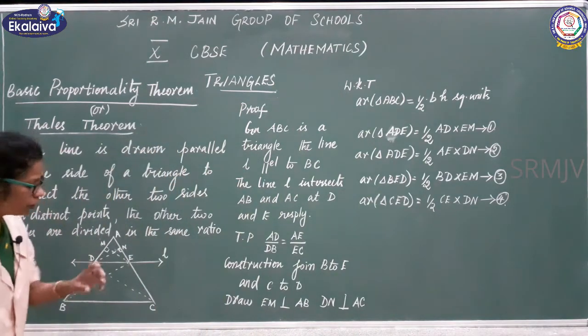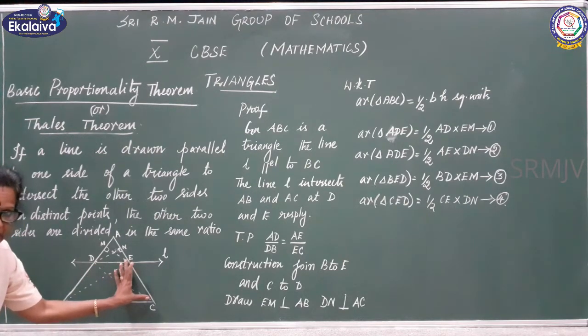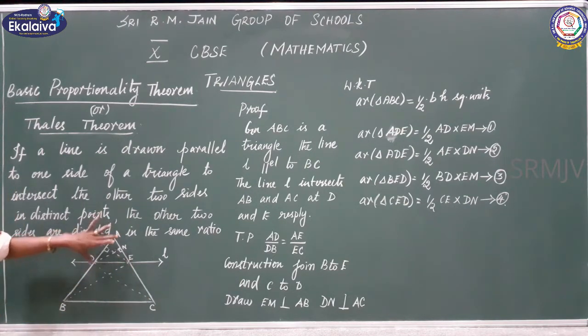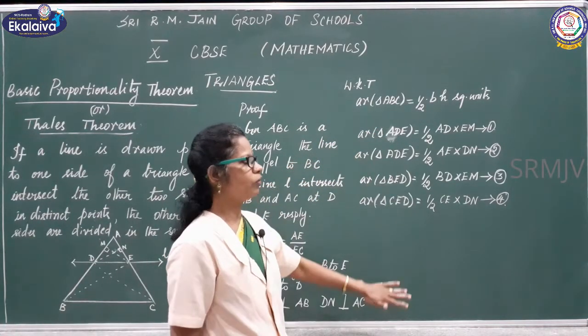Again I am going to repeat, you have to listen carefully. See the triangle CED, the base is EC, the perpendicular height, you are measuring the height out of the triangle, so DN. Got it? Now we arrived 4 equations.